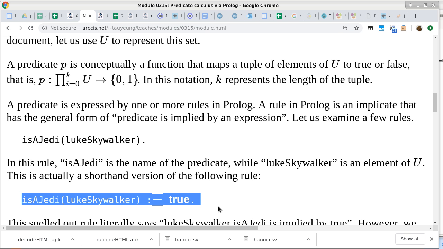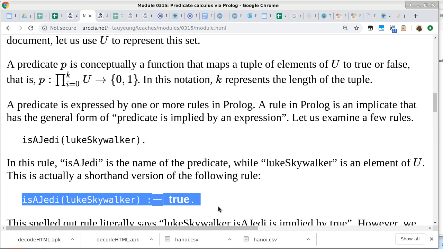In other words, when you have a rule in this general form, whatever is on the right-hand side specifies the condition that implies whatever the left-hand side is trying to specify, which is really awkward and counterintuitive from our perspective, because the way we use implication, it goes from left to right. Whatever is on the left-hand side implies the right-hand side when we use the double bar arrow. But in Prolog, it's exactly the opposite. Whatever is on the right-hand side of this symbol, the colon dash, is implying whatever is on the left-hand side.